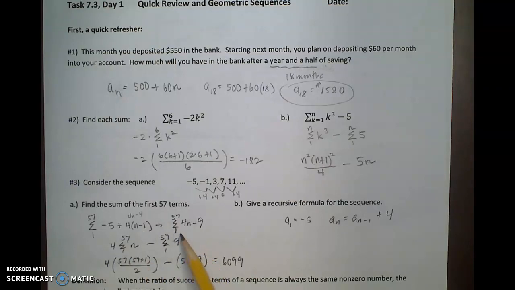Again, I'm using the summation setup here for this one. So I want to sum up terms from the first term all the way up to the 57th term. Again, I use this method to demonstrate more examples of how to use those properties and formulas for summation.